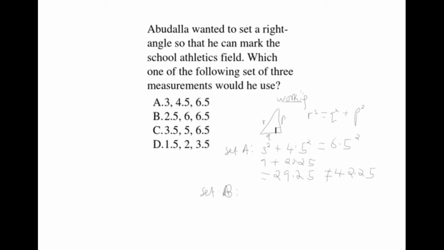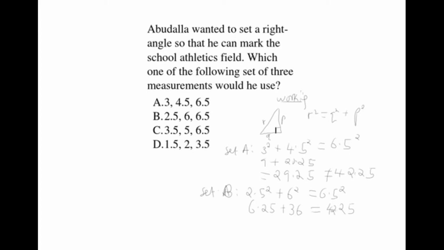We have our set B. We have to test whether 2.5 squared plus 6 squared will give us 6.5 squared. 2.5 squared is 6.25. So we add 36, which is 6 squared. We see whether it will give us 6.5 squared, which is 42.25.